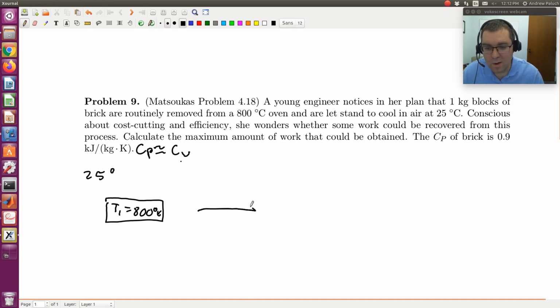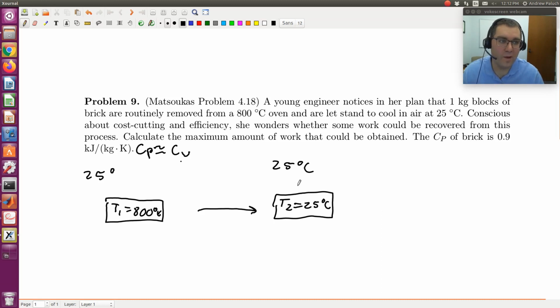So my brick sits out in the atmosphere and cools until its final temperature is 25 degrees C, the same temperature as my surrounding atmosphere, or that bath. My brick and the surrounding atmosphere are in equilibrium.